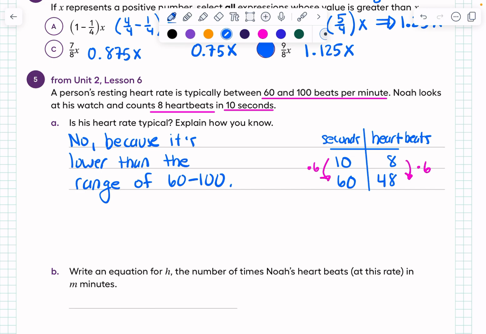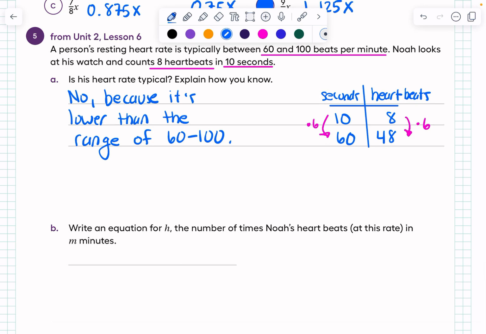So on B, it says write an equation for H, the number of times Noah heartbeats at this rate in M minutes. All right, so okie dokes.